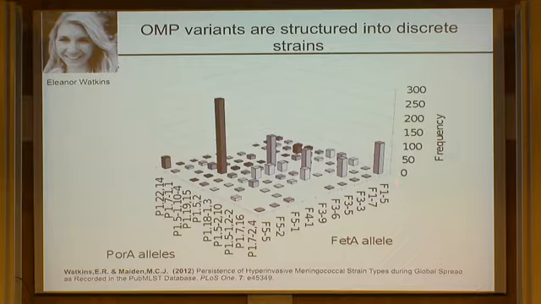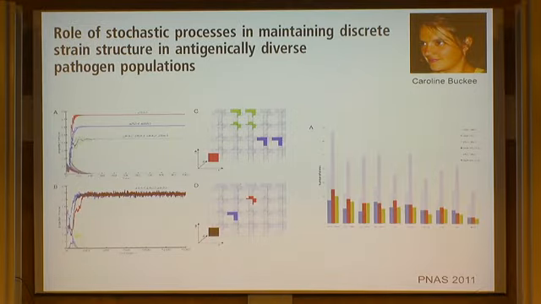You see unique combinations arising, and obviously some of it is due to population neutral processes, but the fact that they're non-overlapping, and also if you look at the other genes, they don't show that kind of pattern. Obviously there's a lot more to the actual proof of immune selection, but I'm just saying, take it from me for the moment and go and read the paper if you want. I'd like you for the moment just to have faith that this is, we think, a signature of that kind of immune selection acting to segregate them into non-overlapping combinations.